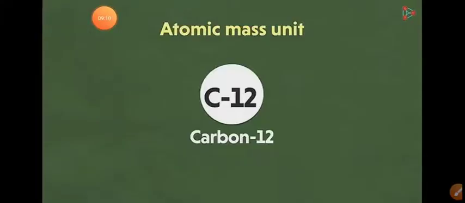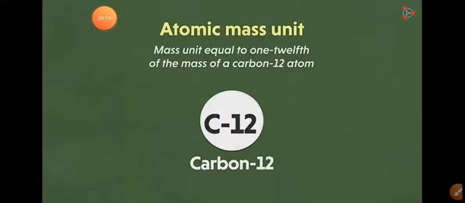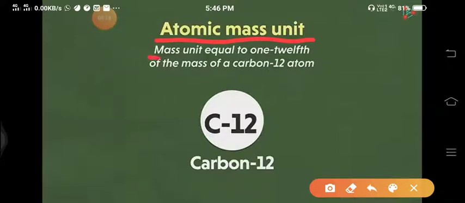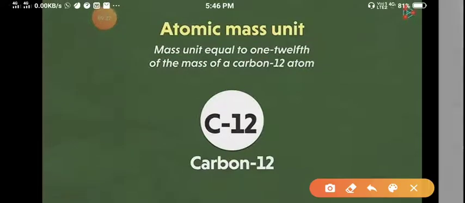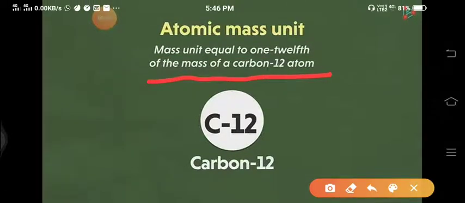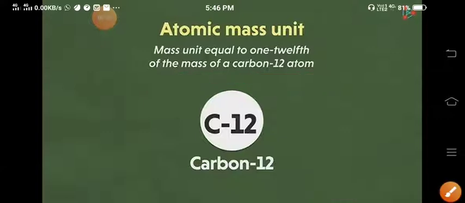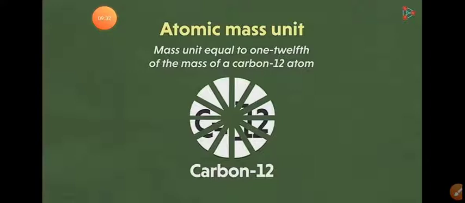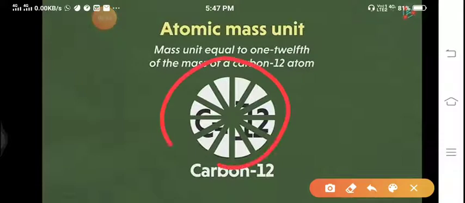How to define atomic mass unit? We can define atomic mass unit as a mass unit equal to 1/12 of the mass of a carbon atom. 1/12 means, as we have seen with the example, just recall it, we divide it into 12 equal pieces.